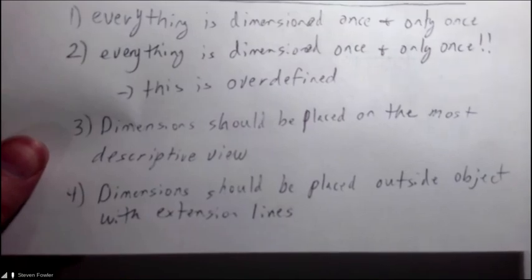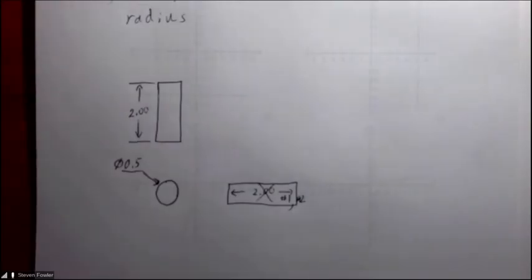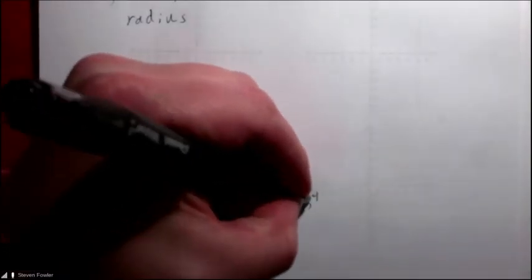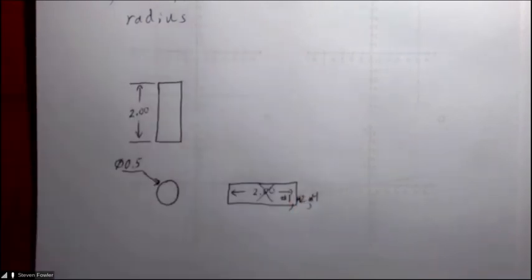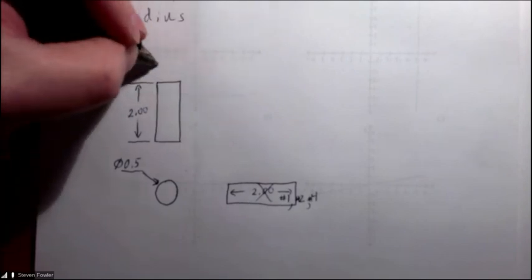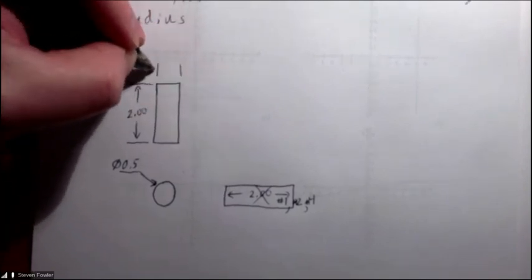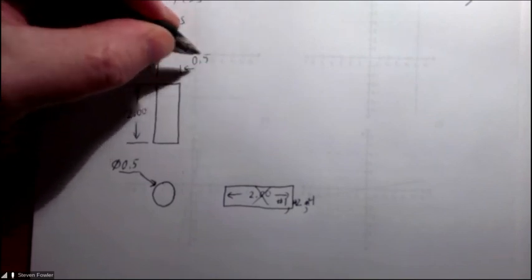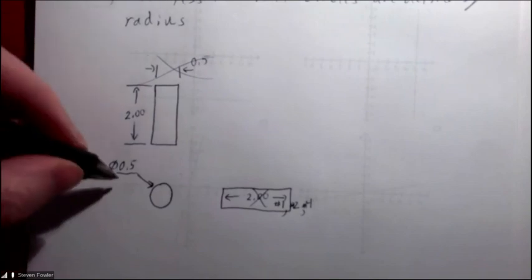Dimensions should be placed outside the object with extension lines. So if you do that on something you submit, I'm likely to count it wrong 3 times because you've broken 3 rules there. No, don't do that. By the same token, if I say, all right, well, this is also 0.5 inches. Yes, it is. I've already defined it here.